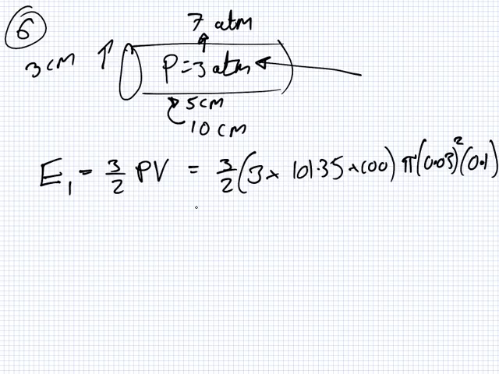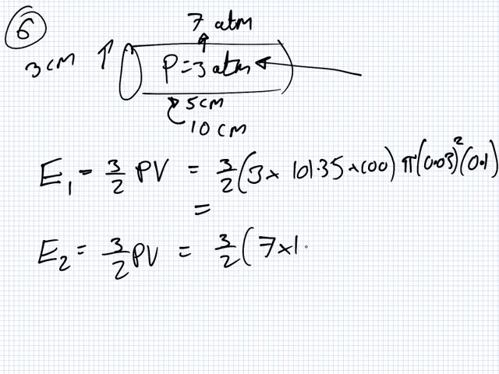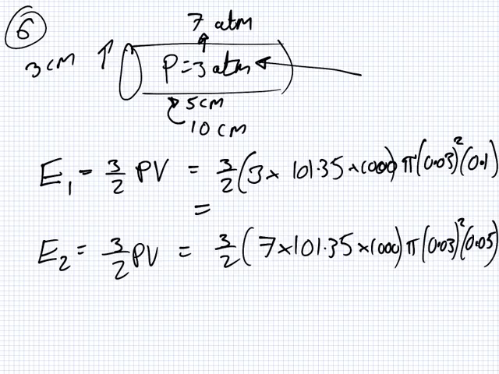And then at the end, there are two differences. The pressure is now 7 atmospheres, that's 7 times 1,000, of course. But the length is now 5.